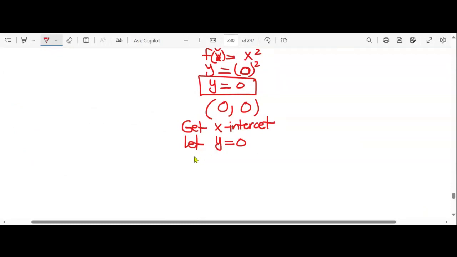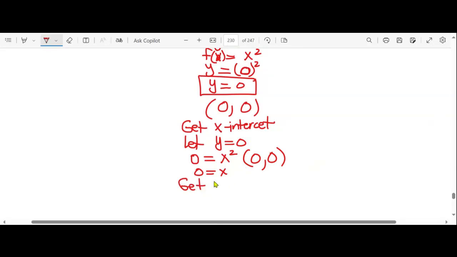And if you let y equal 0, the equation is going to be 0 equals x squared. So x in this case is going to be how much? 0. So your x-intercept is 0, 0. It's the same as the vertex.